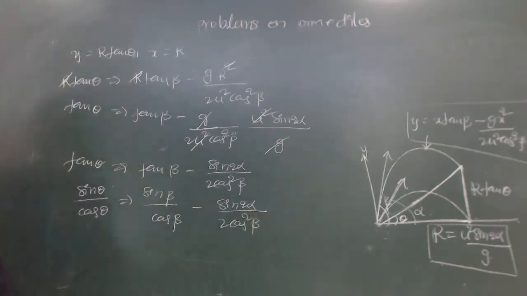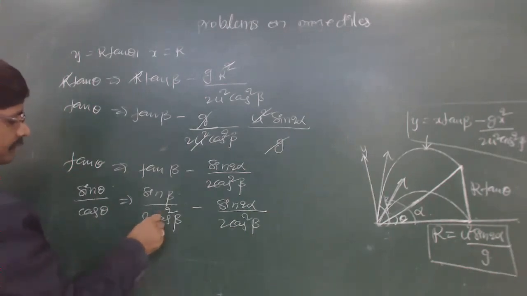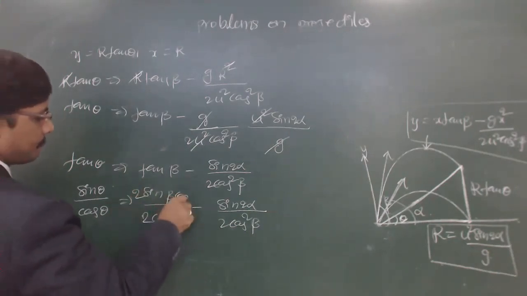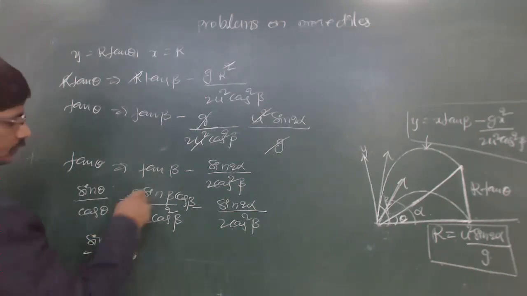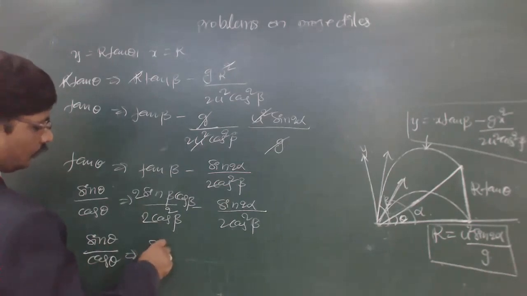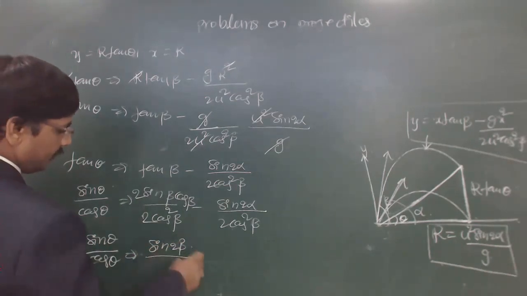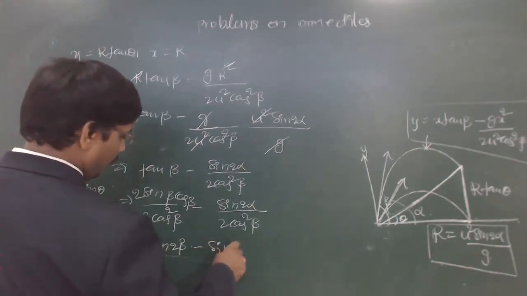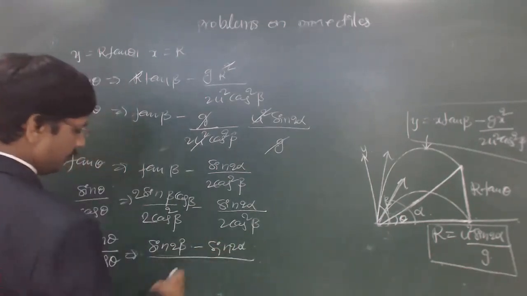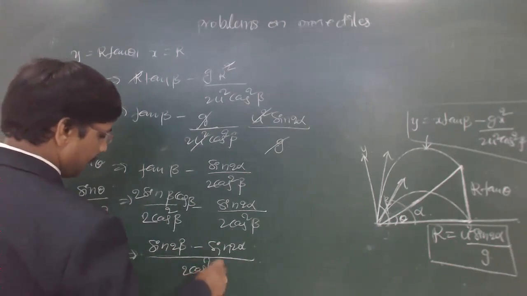Now if you want to take the LCM, then you multiply with 2 cos beta on top and bottom. Then this is going to be sin theta by cos theta is equal to 2 sin beta cos beta, which is sin 2 beta, divided by minus sin 2 alpha, whole divided by 2 cos square beta.